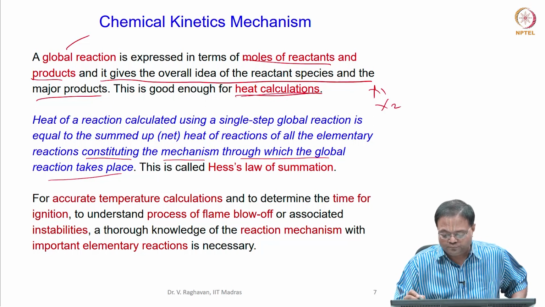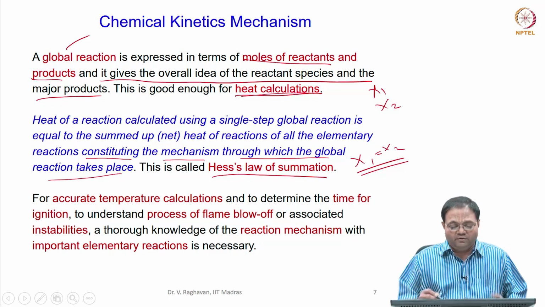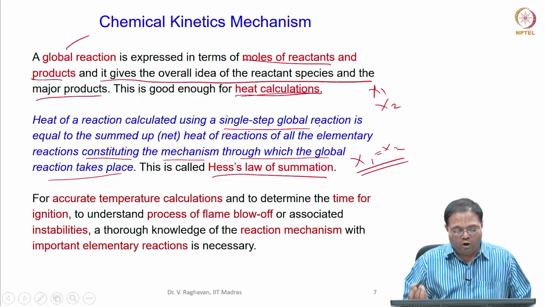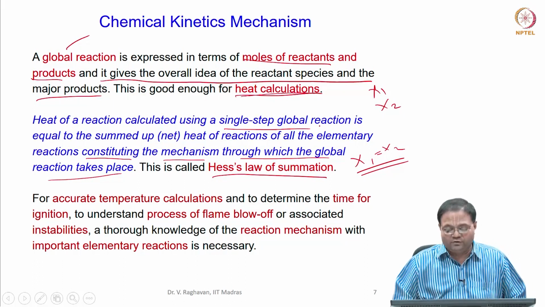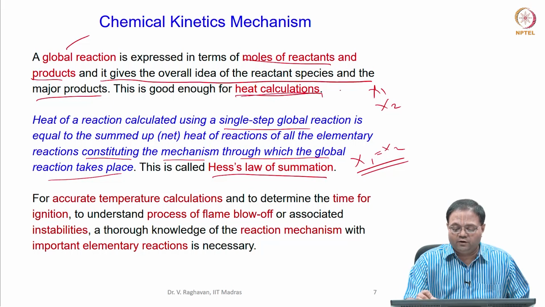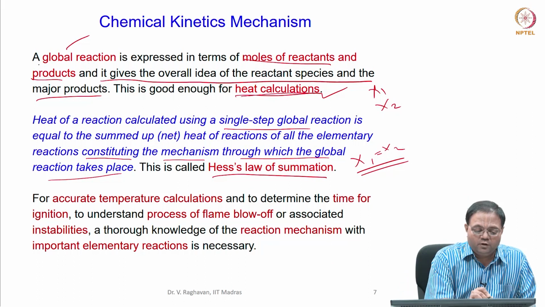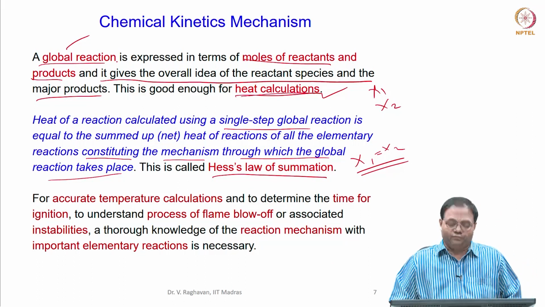So, that may be x2. Hess's law of summation says that x1 will be equal to x2. You calculate the heat based upon a single global step reaction or several elementary reactions, okay, the result is the same. So, as far as heat calculation is concerned, you can just complete it by using a global single step reaction itself.